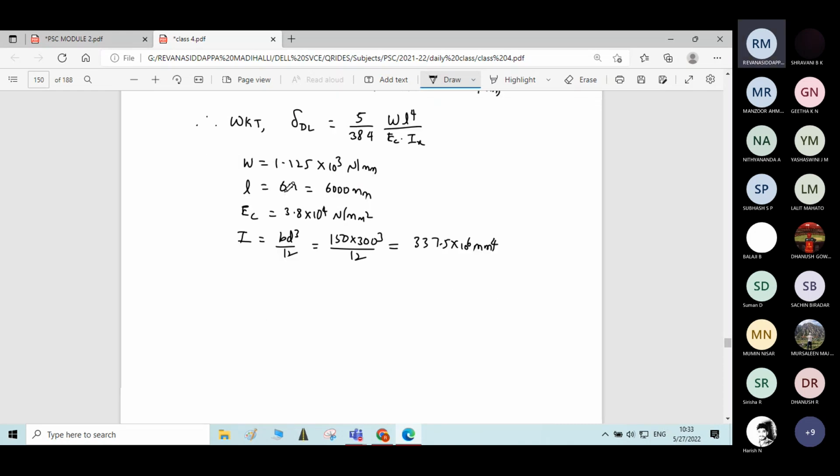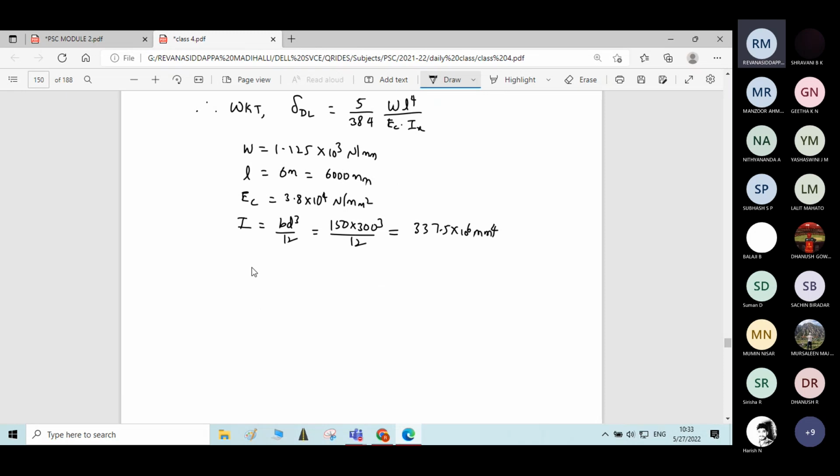Therefore, delta DL is equal to 5 by 384 into 1.125 into 10 power 3 into 6000 raised to 4 by 3.8 into 10 power 4 into 337.5 into 10 power 6.